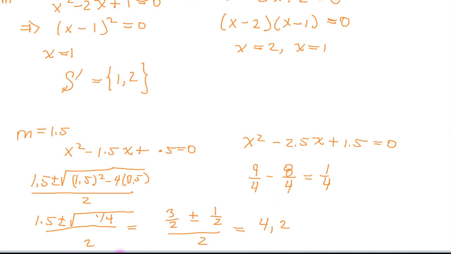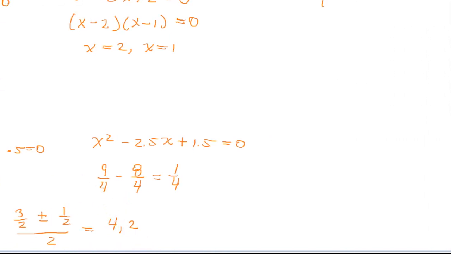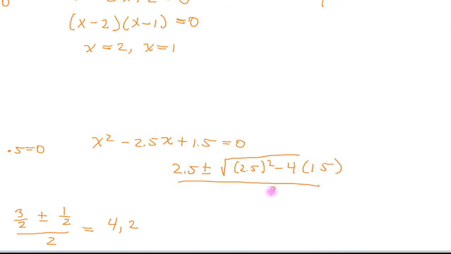And here, let me erase this. Here we have 2.5 plus or minus the square root of 2.5 squared minus 4 times 1.5, divided by 2. Now what's 2.5? 2.5 is 2 and 1/2, which is 5/2, sorry.